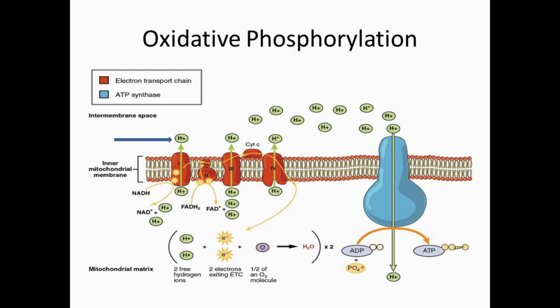So that higher concentration of hydrogen will make its way into the mitochondrial matrix with the help of ATP synthase, and that will make ATP by converting ADP into ATP, and that's how we make energy via oxidative phosphorylation.